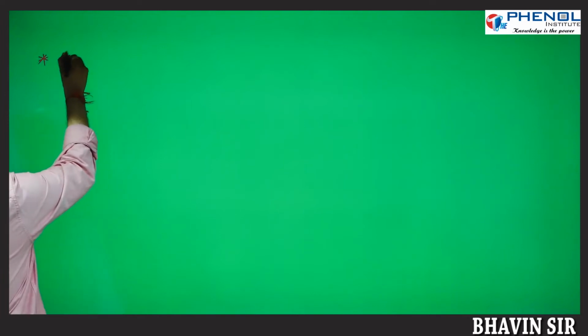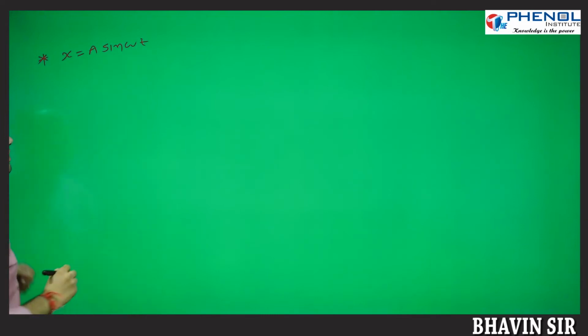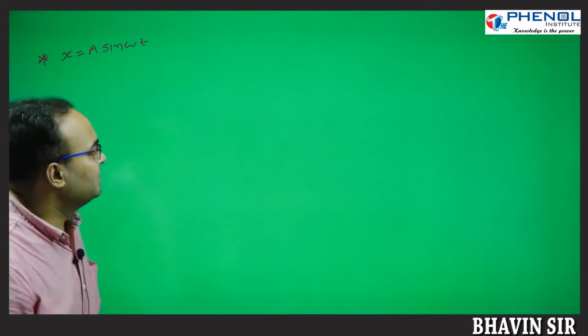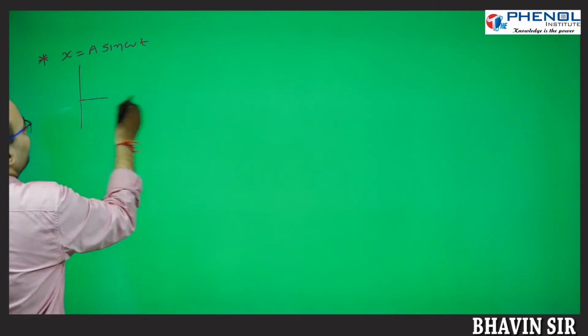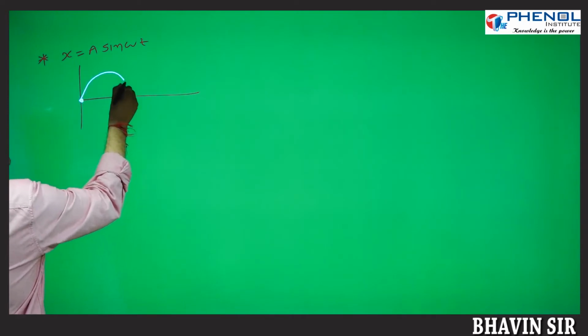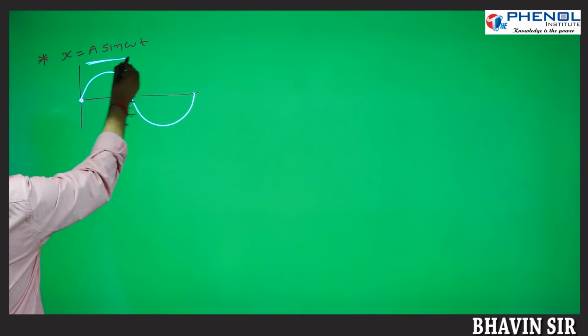Next students, see what are the different forms of SHM. First, generally it is represented by a sin omega t, means generally oscillations start from mean position. If oscillations start from mean position, means અહીંથી start થાય, then we consider x equals a sin omega t.